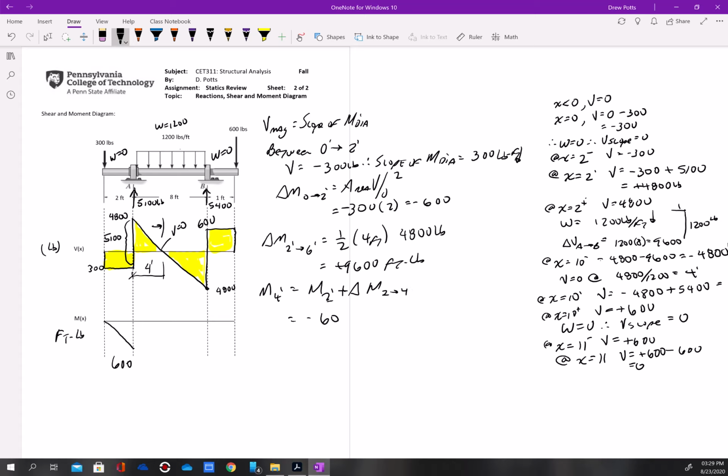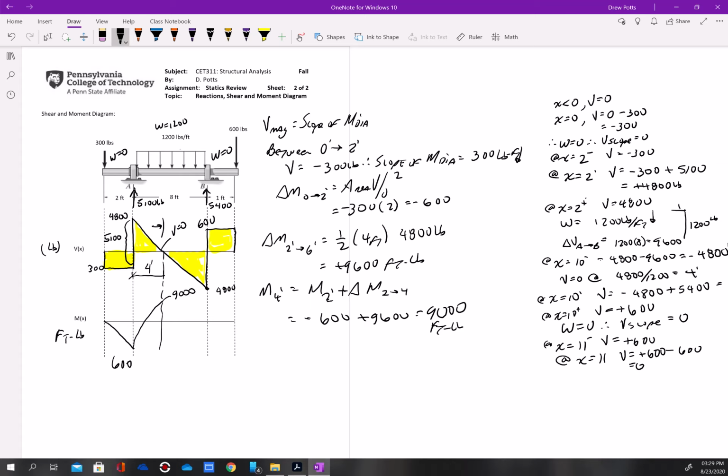So minus 600 plus 9,600, we get 9,000, right, foot-pounds. So that peaks out at 9,000. The shear constantly changes magnitude, so the moment is curved, and it maxes out at 9,000.